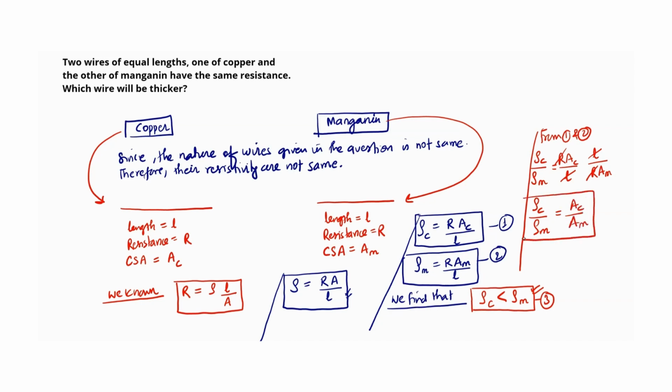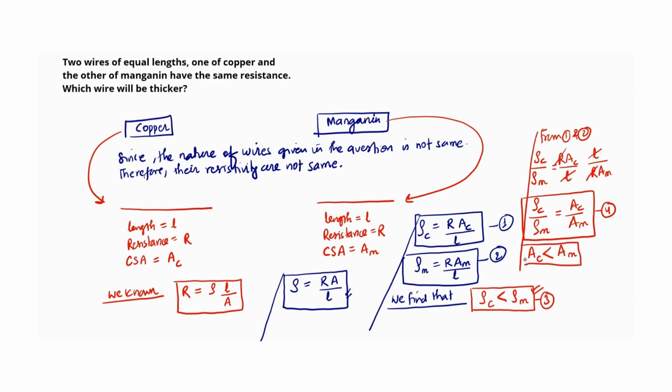So we have this. Clear? Now, let us call it relation 4. So what we find out is that from relation 3 and 4, the area of cross section of copper is less than the area of cross section of manganin.